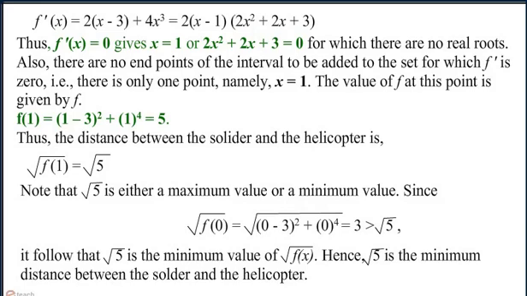Now, since root over f(0) is equal to root over (0 minus 3) whole square plus 0 raised to the power 4, which is equal to 3, that is greater than root 5, it follows that root 5 is the minimum value of root over f(x). Hence, root 5 is the minimum distance between the soldier and the helicopter.